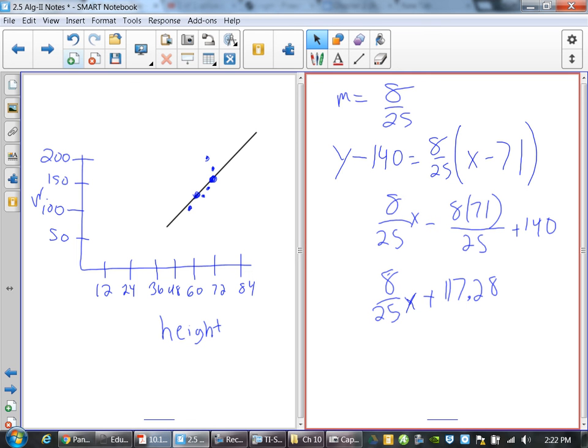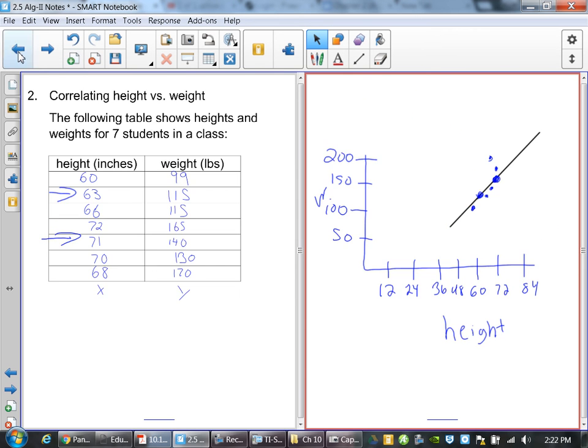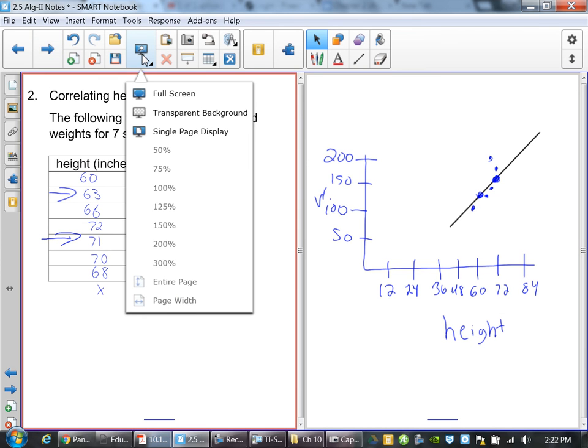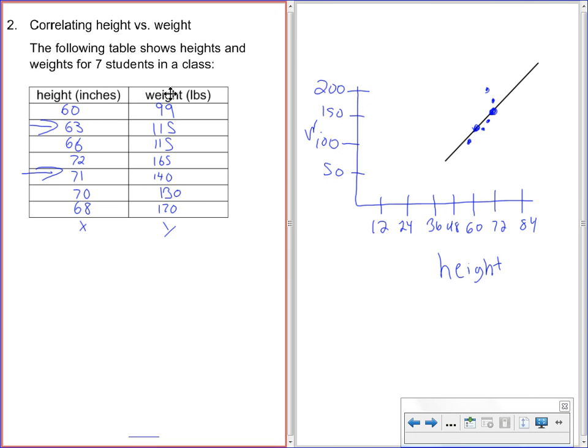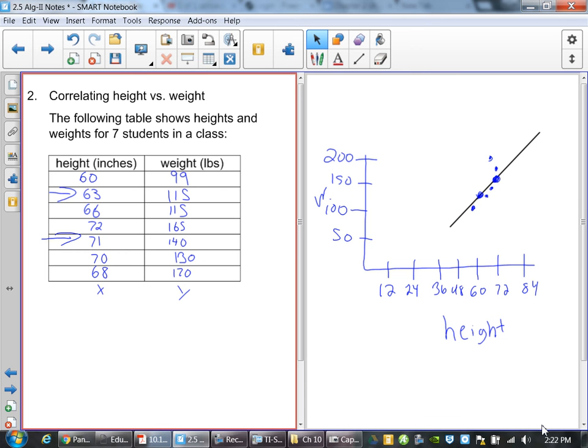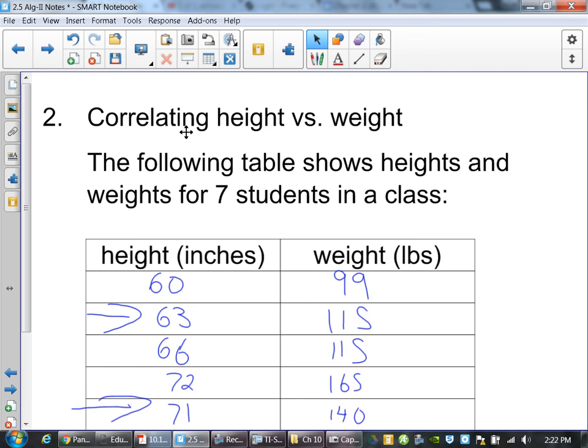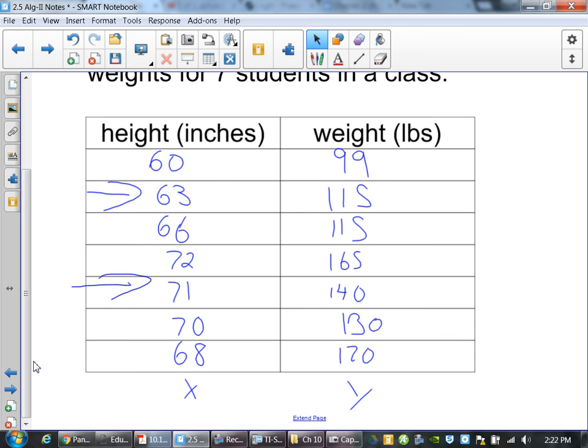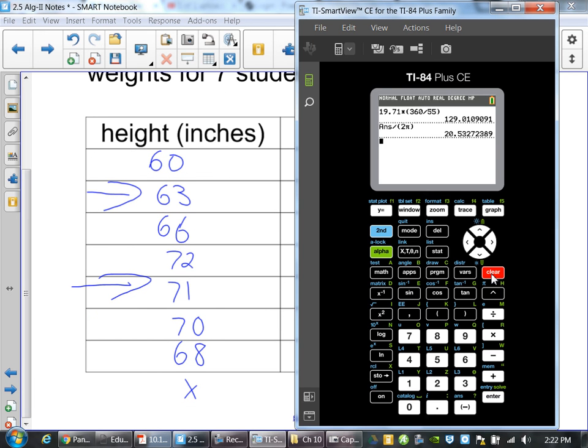So take out your calculators. Let me show you how to set this thing up with our data sets. Let me go back to our data. So in your calculator, first thing I want you to do is we need to clear out the lists that you have.